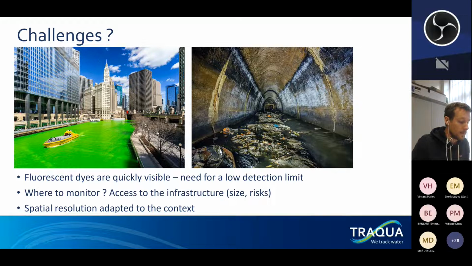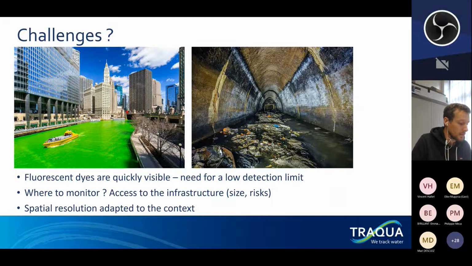So you have to have a good detection limit for a sampling solution that is capable of giving you reliable results with the lowest quantity of dye that is possible.